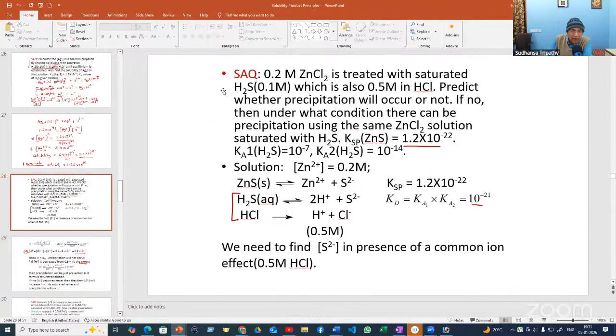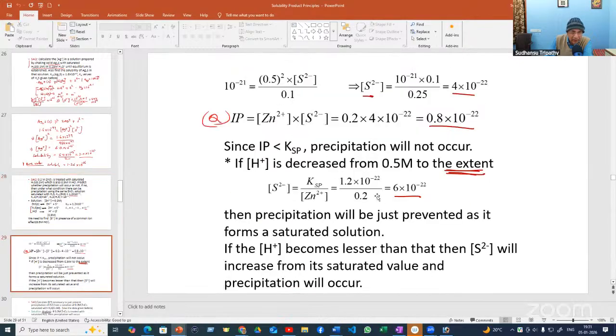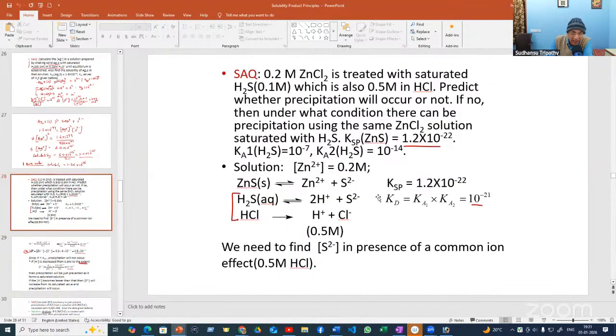So write the equation for Ka of H2S. The whole H2S, K1 and K2, both equations are added, HS minus is cancelled, so the K values are multiplied. So 10 to the minus 7 times 10 to the minus 14 becomes 10 to the minus 21.